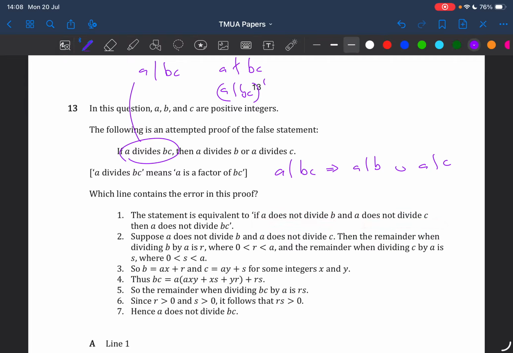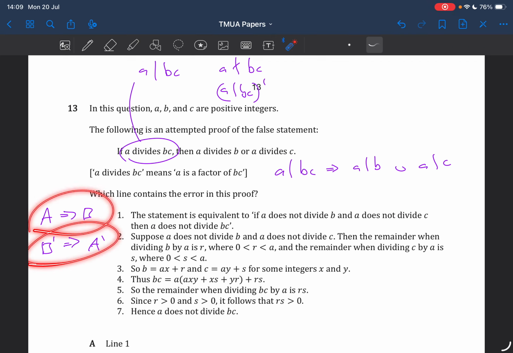What that refers to is if we have statement A implies statement B, then it's also true that not B implies not A. So like if today is Monday, tomorrow is Tuesday. If tomorrow is not Tuesday, today is not Monday.